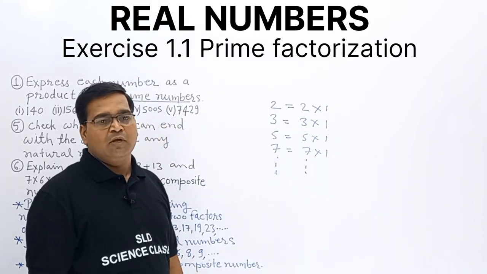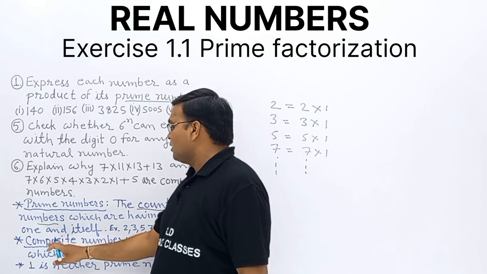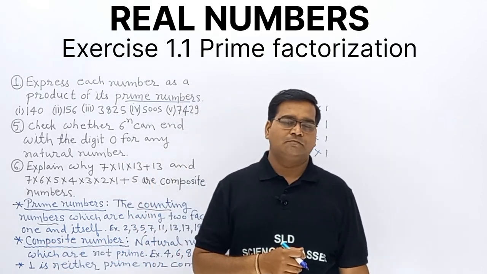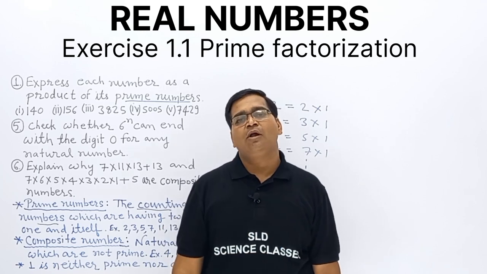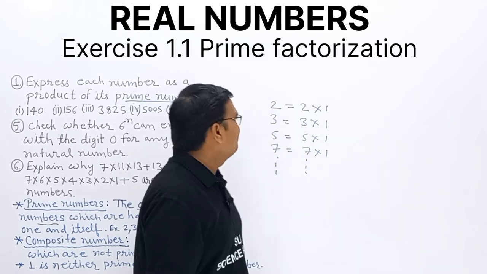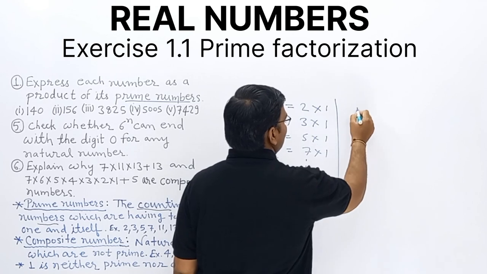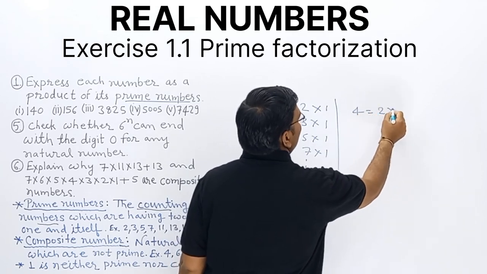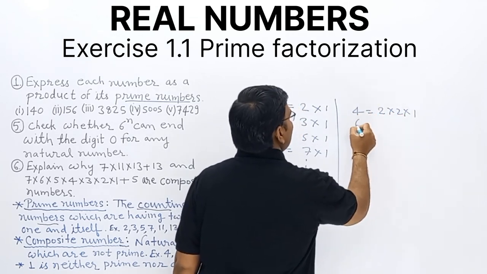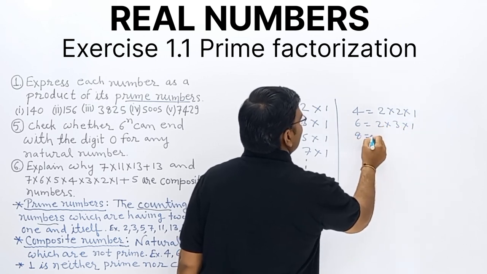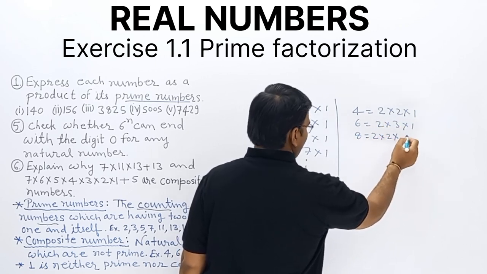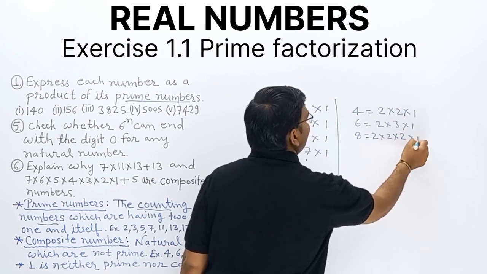But those counting numbers which are not prime are called composite numbers. Like 4: 4 equals 2 into 2 into 1. 6 equals 2 into 3 into 1. 8 equals 2 into 2 into 2 into 1.